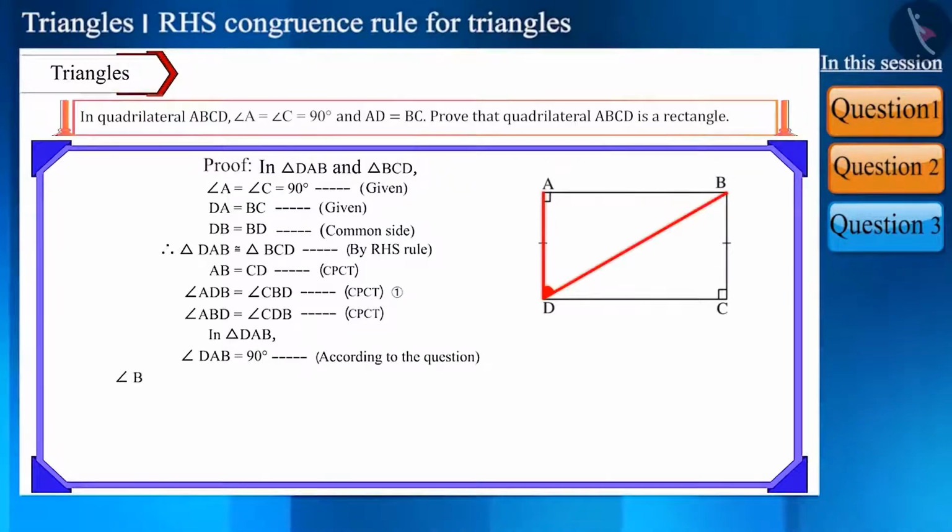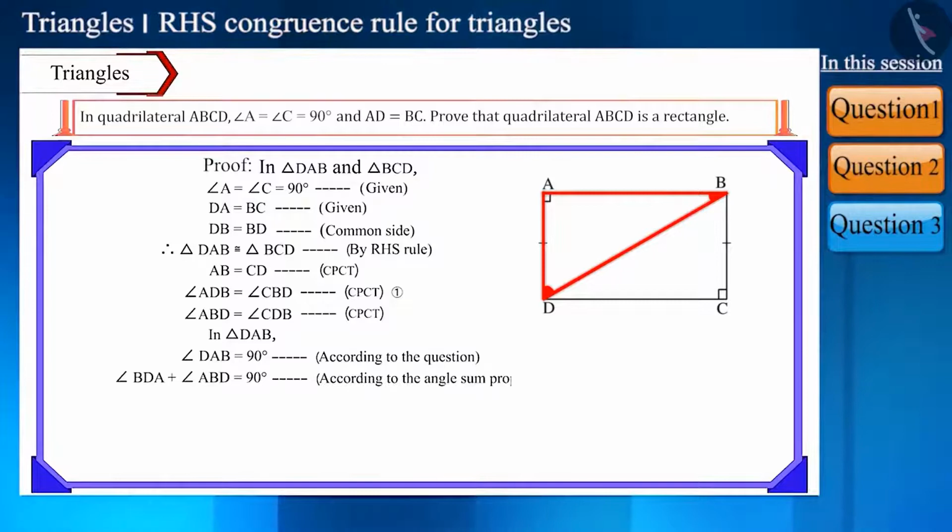So by the angle sum property of a triangle, angle BDA plus angle ABD is equal to 90 degrees. Since angle ABD is equal to angle CDB, therefore we can also write it as angle ADB plus angle CDB is equal to 90 degrees.